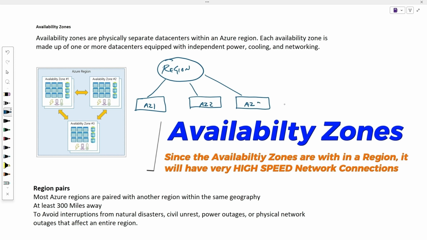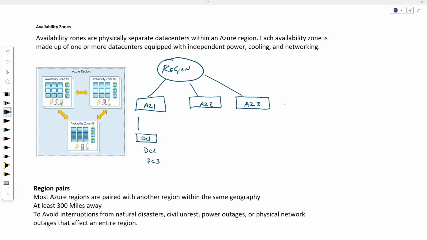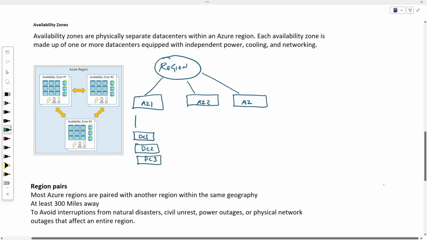This is availability zone 1, this is availability zone 2, this is availability zone 3. An availability zone can have multiple data centers. So this is data center 1, this is data center 2, this is data center 3.